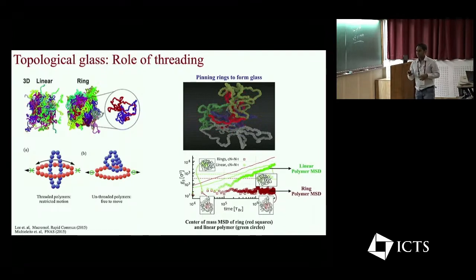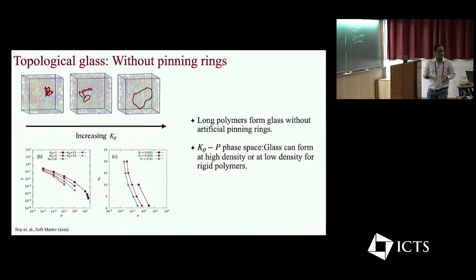Now the question is, can you form a glass without any artificial pinning? The answer is yes. This was also observed in this work: if you increase the ring polymer stiffness, it forms an extended structure, facilitating more threading events, and eventually that leads to a dynamic slowdown.